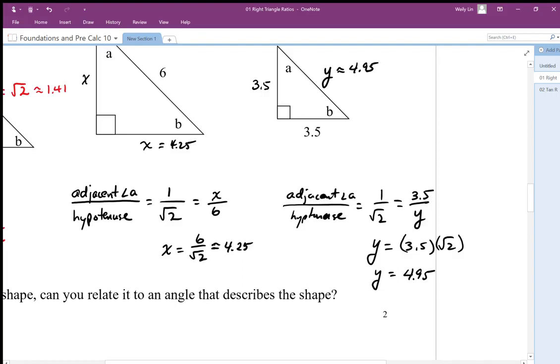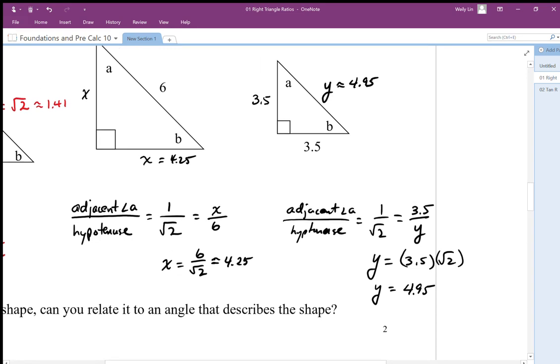Again, we could have used Pythagoras, so this is just an option using trig. If I do 3.5 squared plus 3.5 squared, I get 24.5, and if I square root that, I get the same answer of 4.949, which is 4.95. So whether I use Pythagoras or trig, I'm going to get the same answer. I'm using similar triangles here to solve that unknown side.